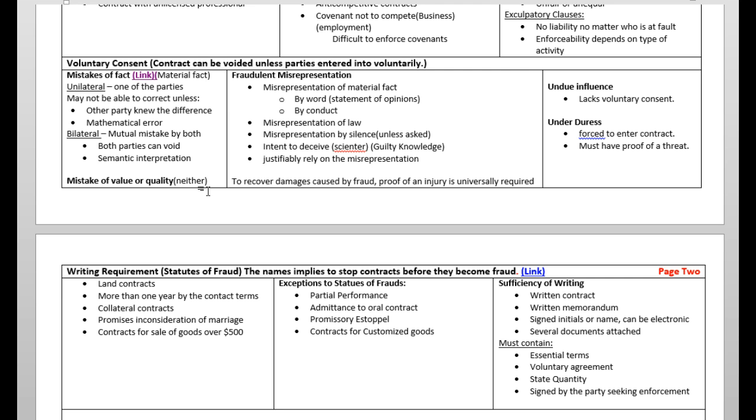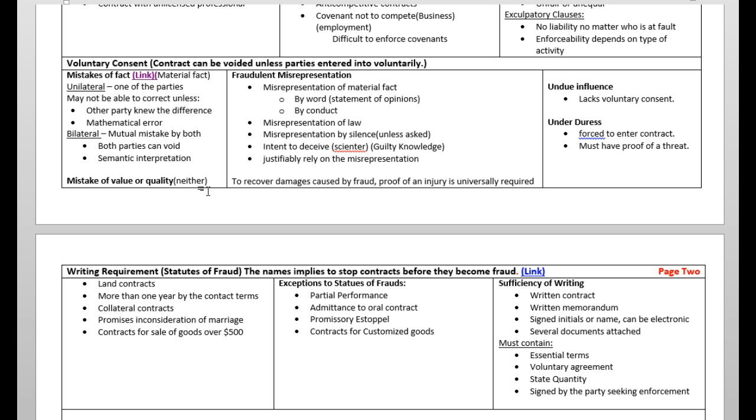Intent to deceive, scienter, or what they also call guilty knowledge. If you intentionally give out false information to sell something, then the contract could be voided. This has to be proven. This has to have evidence.